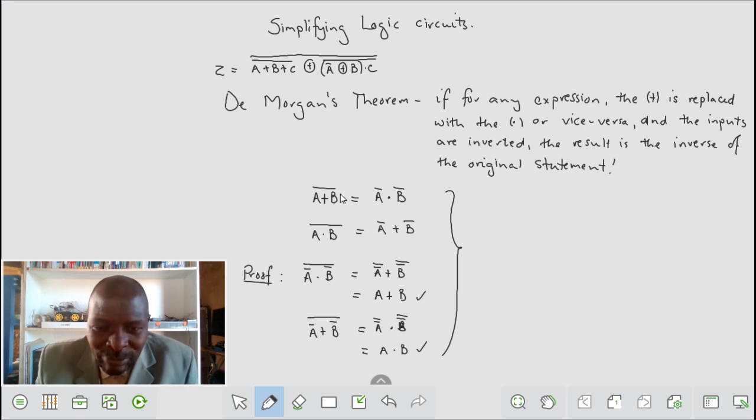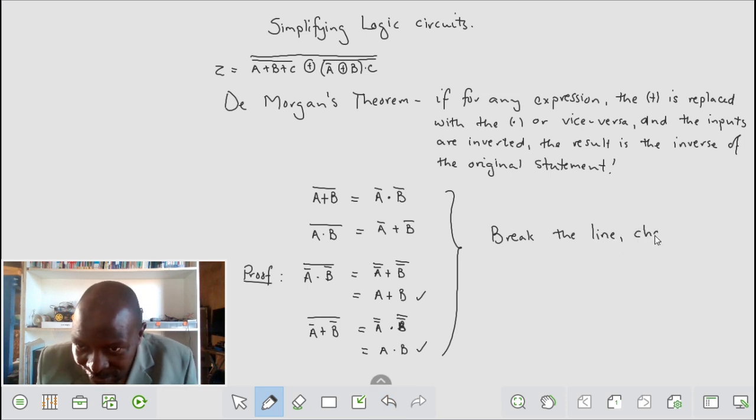The long and short of De Morgan is: break the line, change the sign. Not that line, the line over the terms. What did we do here? We broke that line. The line became two pieces, one on A, one on B, and we changed the sign from that to that.